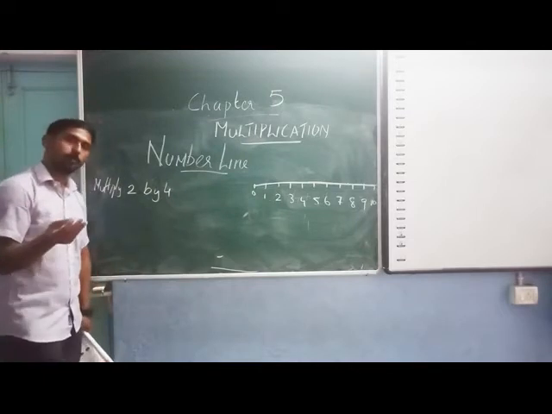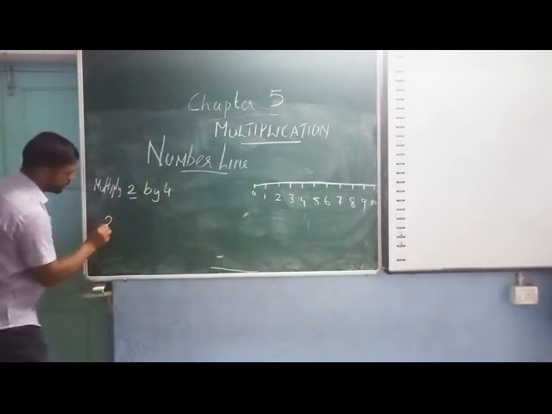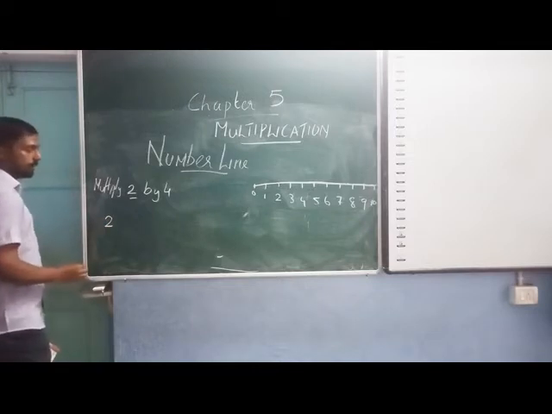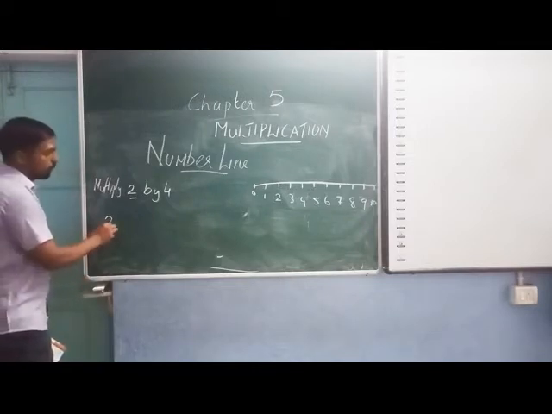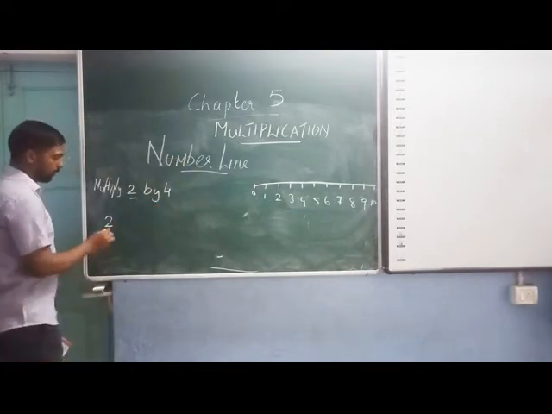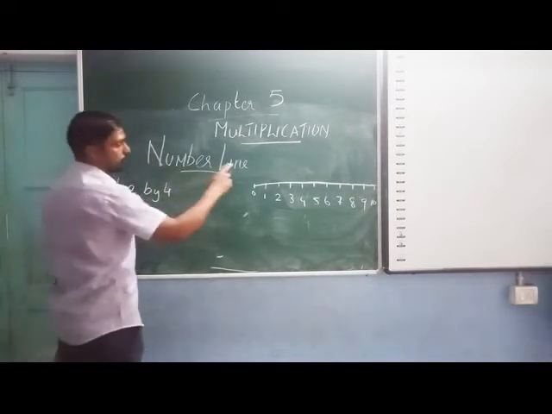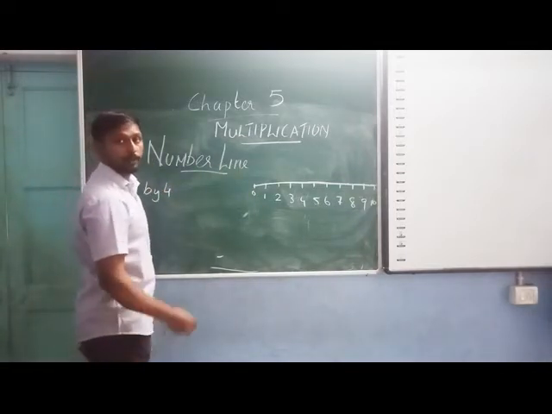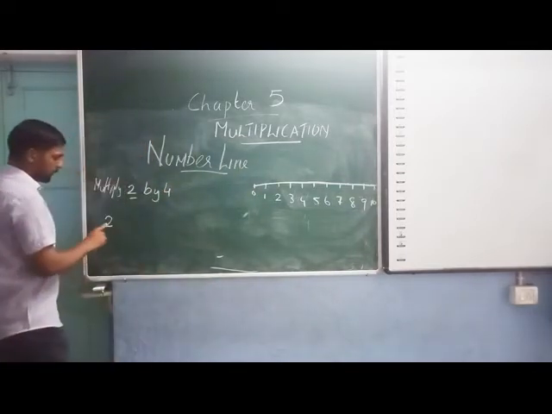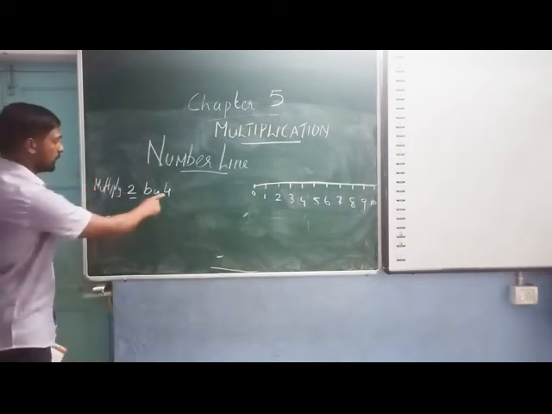The first method is to take 2 and count 2 for 4 times on the number line, or we can say jump 2 steps each for 4 times. How many times? 4 times.